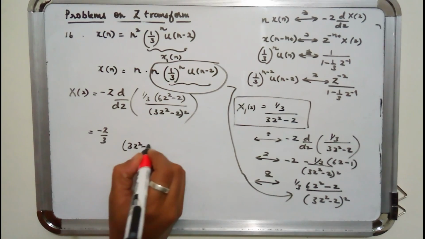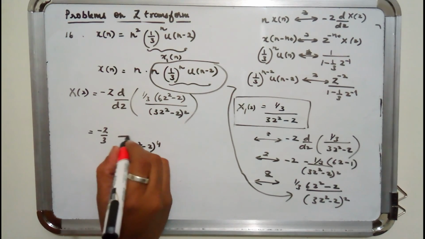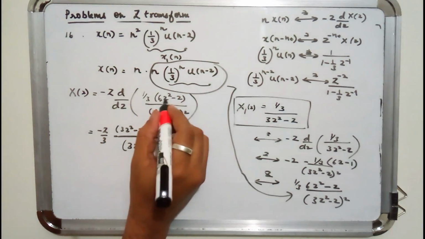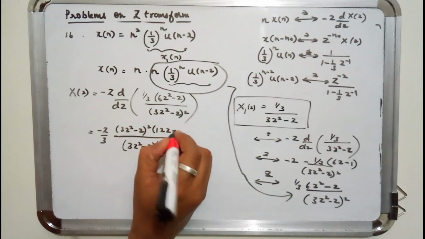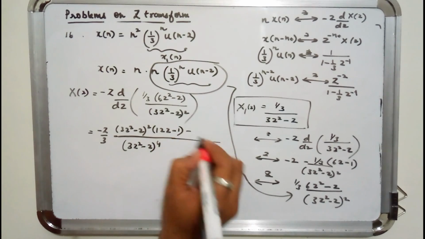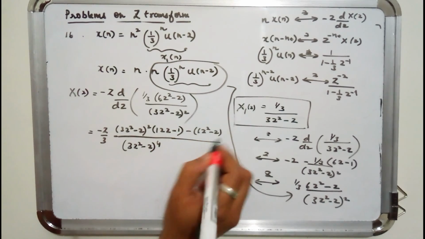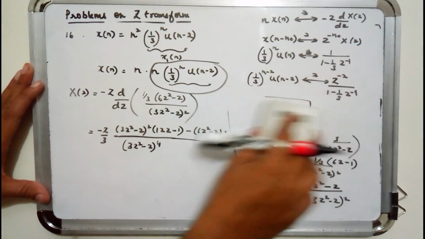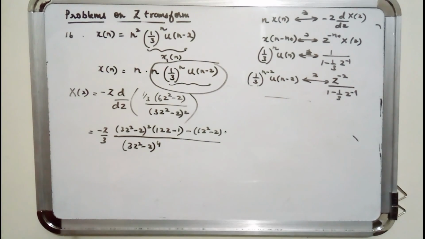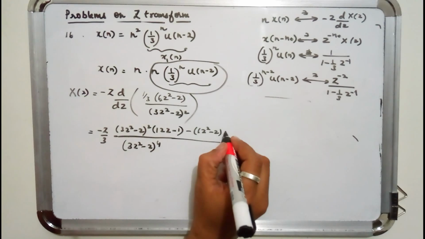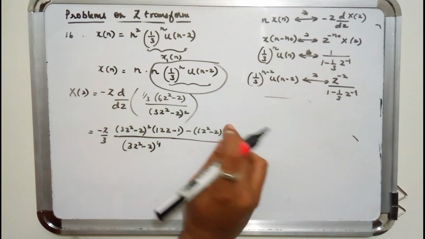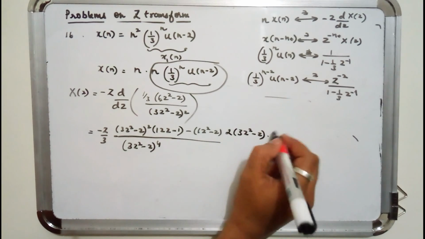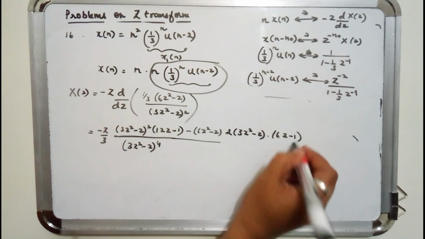So it is 3z square minus z whole square, power 2, so it is power 4 into 3z square minus z whole square into differentiation of this, it is 12z minus 1, then again minus 6z square minus z into differentiation of the denominator, that is 2 into 3z square minus z into 6z minus 1.